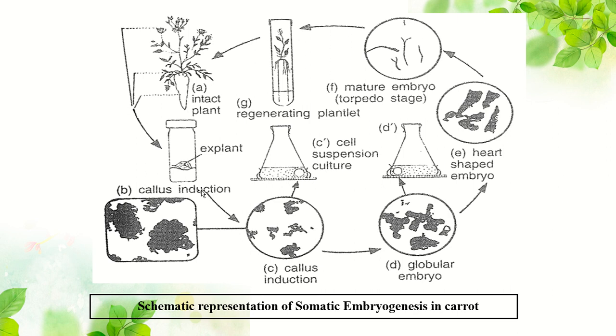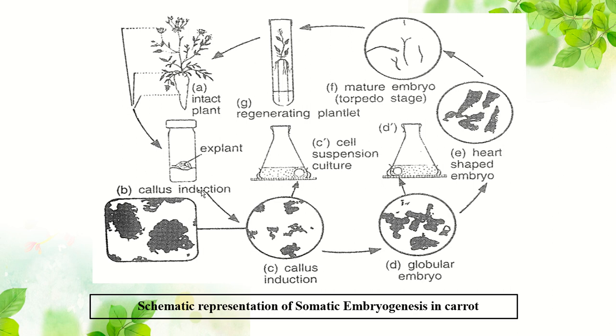Take any explant; out of any crops, you can take a leaf tissue as an explant. Then you prepare the media, macro media and micro media, and solidify it in petri plates or culture tubes. After preparing the media, you first sterilize the leaf tissue.